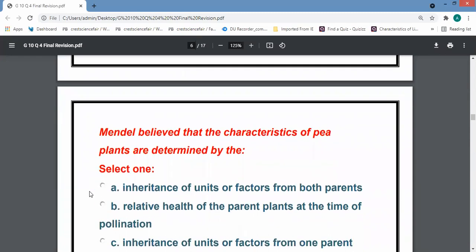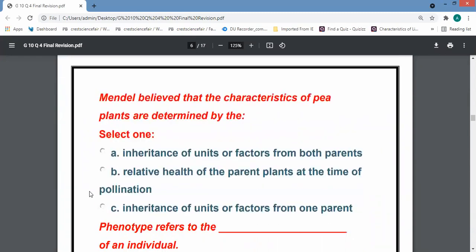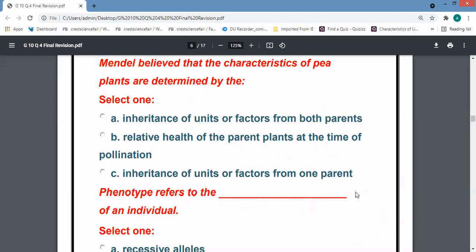Next question. Mendel believed that the characteristics of pea plants are determined by what? Inheritance of units or factors from both parents, a relative health of the parent plants at the time of pollination, or inheritance of units or factors from one parent. Mendel believed what?